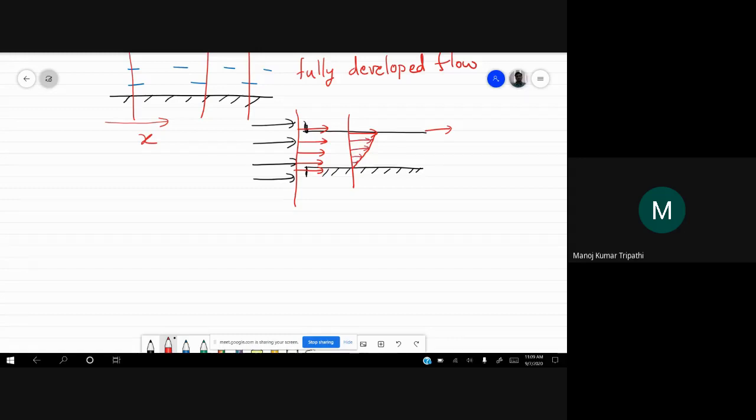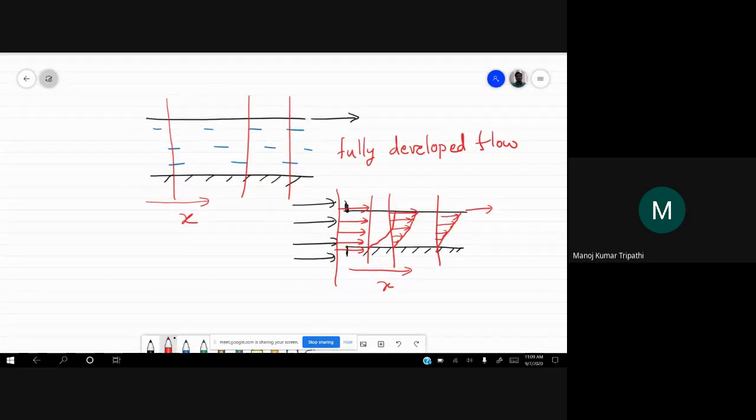So it may become something like this, and it will slowly transition to a linear velocity profile. And at this point, it may be like that. So slowly the flow is developing in this case.